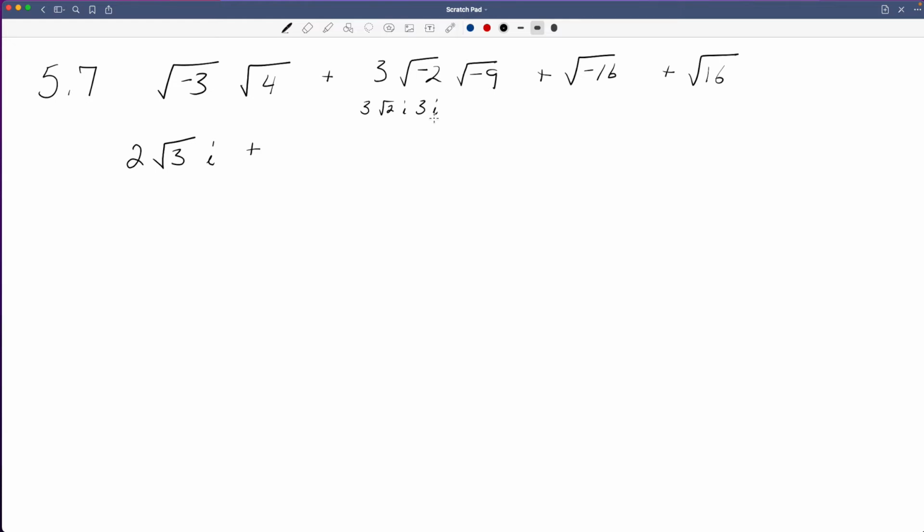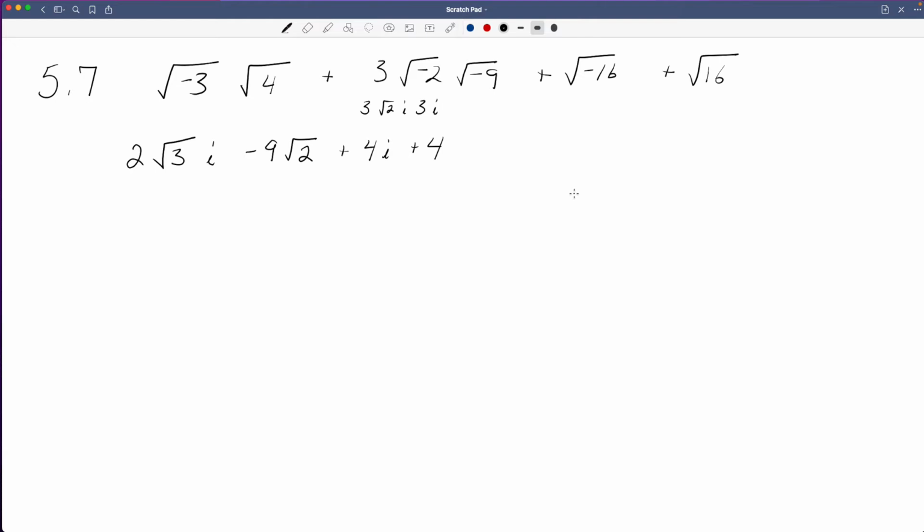So 9 times -1, that's going to be a -9 times the square root of 2. All right, and now let's look at this. We know that the square root of 16 is 4, and then we have a negative, so that's an i, and then we have a positive 16 square root, so it's going to be 4 plus 4. So that is our result.